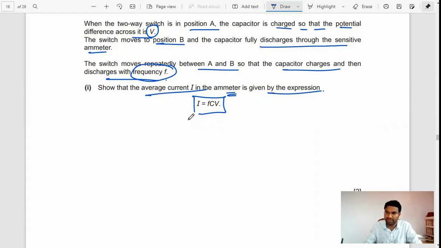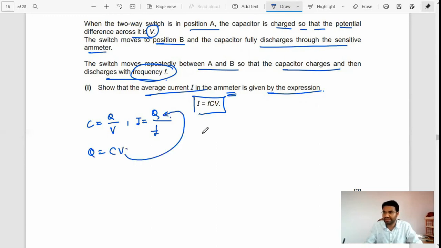So at the end we have discussed the capacitance and current formulas. So recall those formulas here. C is equal to Q over V, and I is equal to Q over T, actually, right? That's what we have discussed. So Q is equal to CV, and put in this equation here.